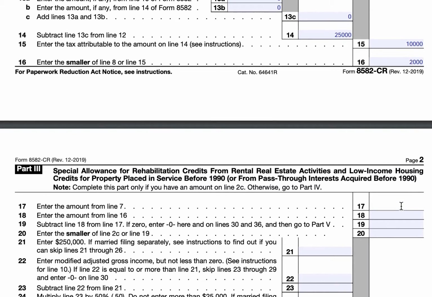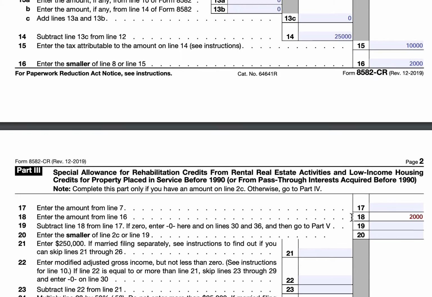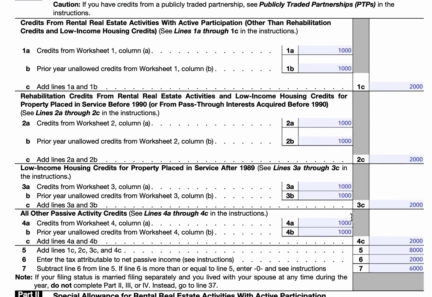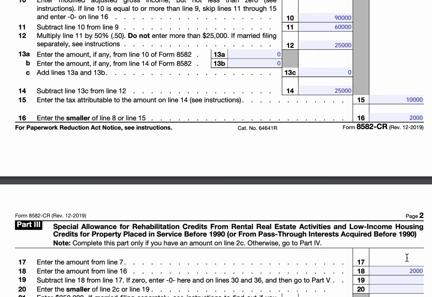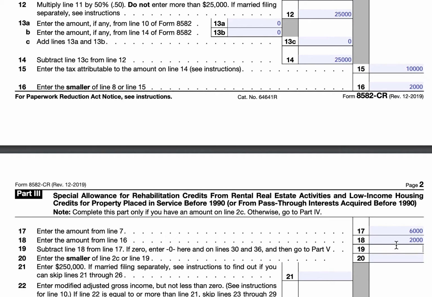In part 3, we're going to go through the special allowance for the rehab credits for rental real estate and for property placed into service prior to 1990. So in line 7, and then we need to enter the line 16 amount, which I can see on this screen right here. Let's go back to line 7, and it says $6,000. So we'll enter $6,000 here on line 17, and then we're going to subtract the difference.